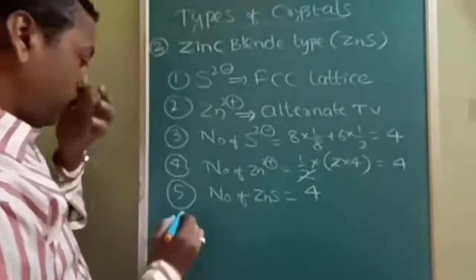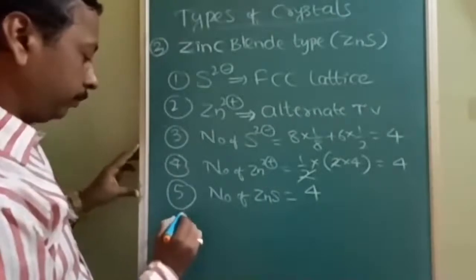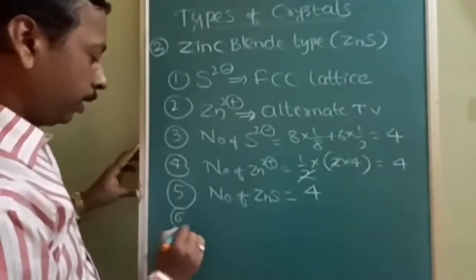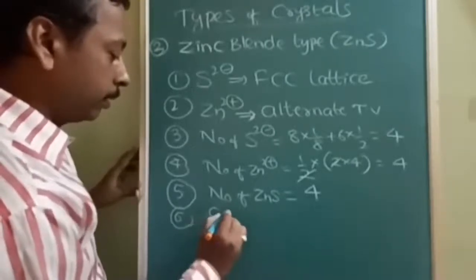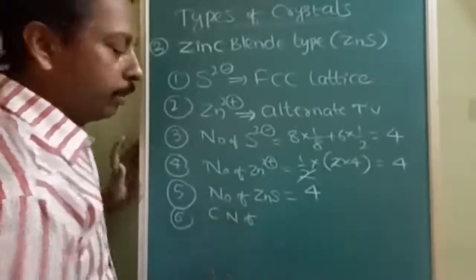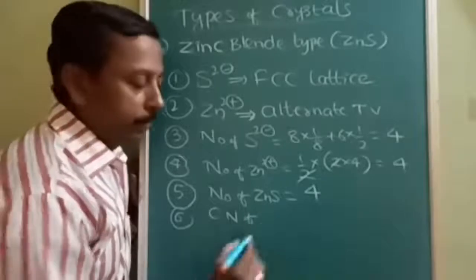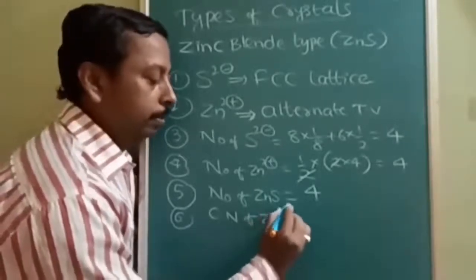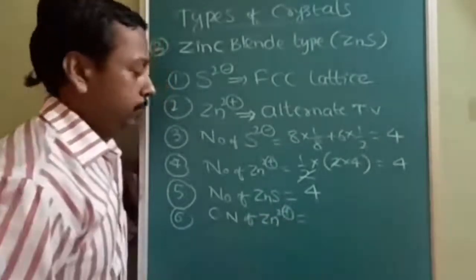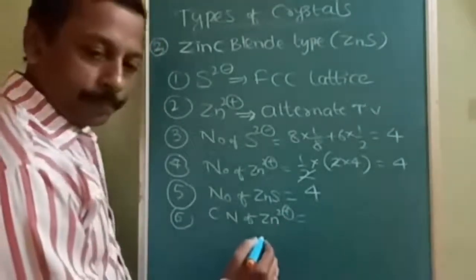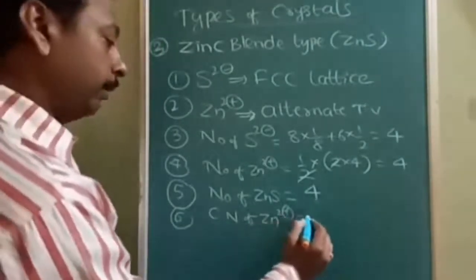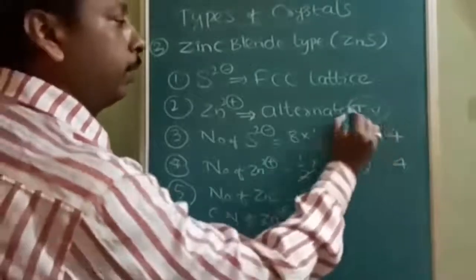Next, let us see coordination number. Which coordination number can you find out first? You can find out Zn2 plus. Zn2 plus will be in tetrahedral voids.